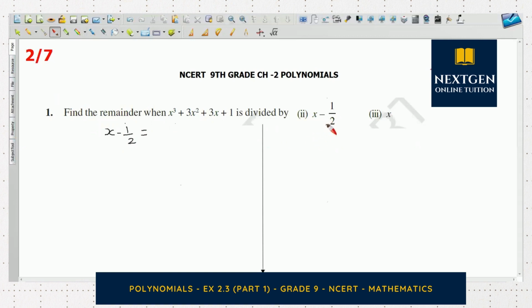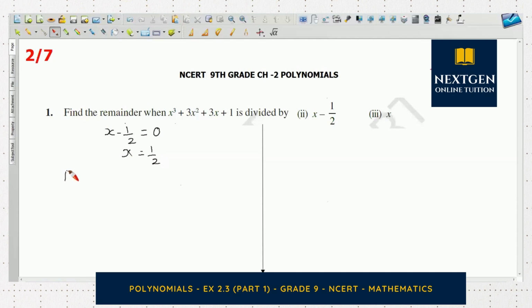This is my divisor and this is our dividend, like in normal division. Now the x value is x equal to 1 by 2.